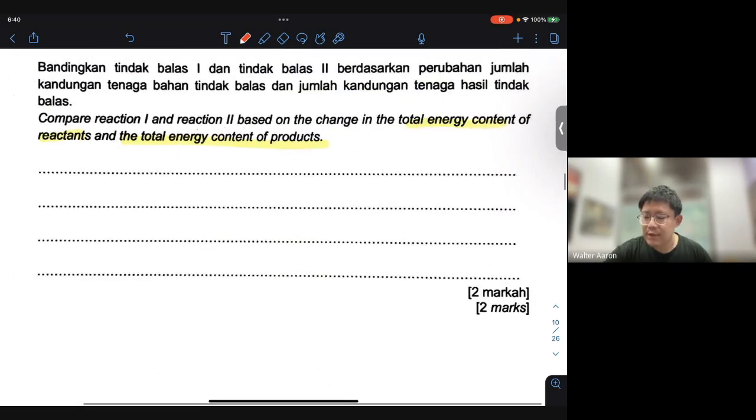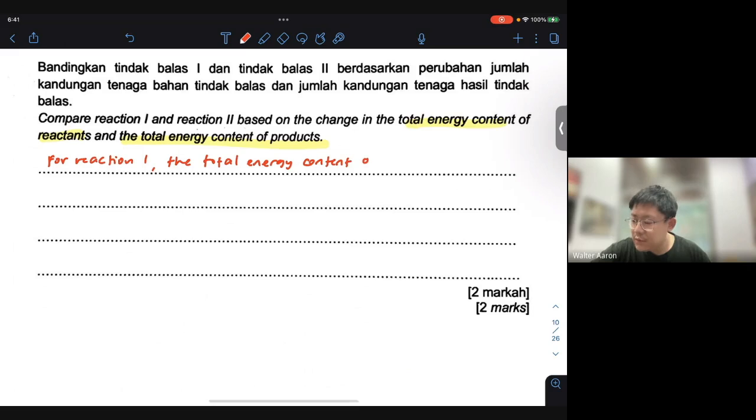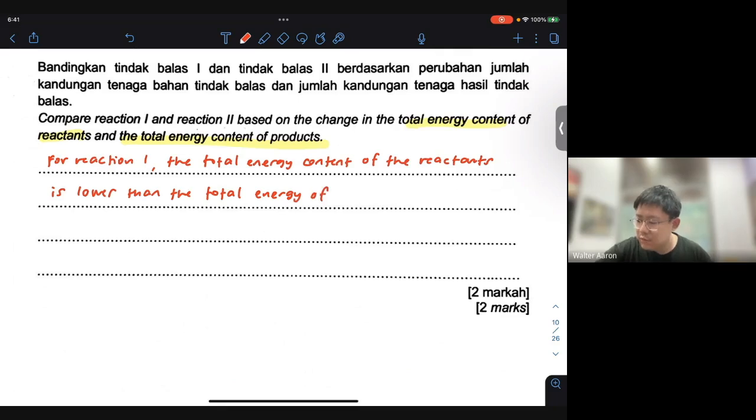So for reaction 1, being an endothermic reaction, the total energy content of the reactants is lower than the total energy content of the products.